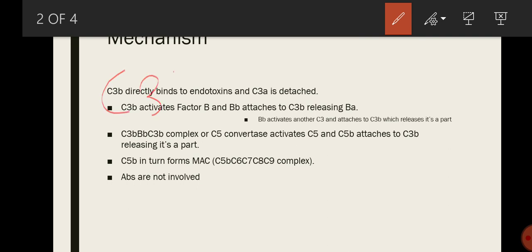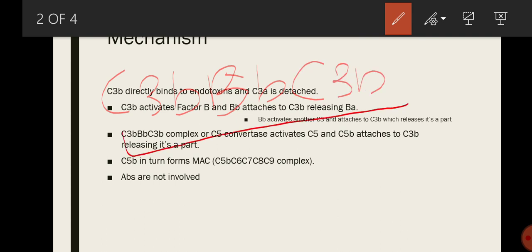C3b, then we have had B and small b, then again C3b. This whole will act to activate C5. That is why it is known as C5 convertase.